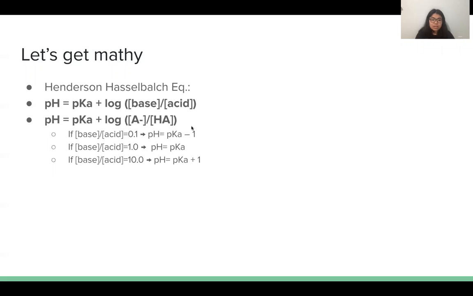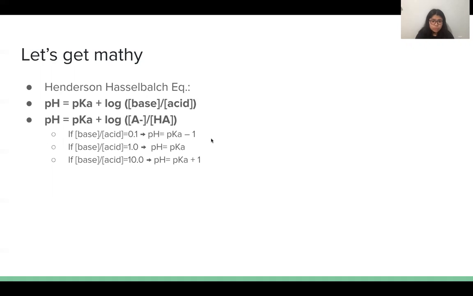I put that here in two different ways: verbally, where it's just base versus acid, or what you will tend to see, which is something with fewer H's, fewer protons, over something with more protons. As we remember with the Bronsted-Lowry definition, your acid is going to donate a proton, so it's going to have more protons. That's going to come in handy when we get into our discussion question.